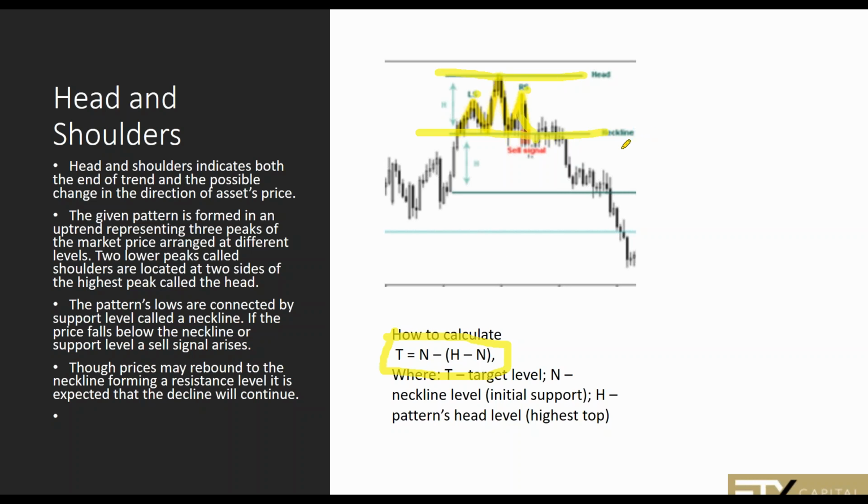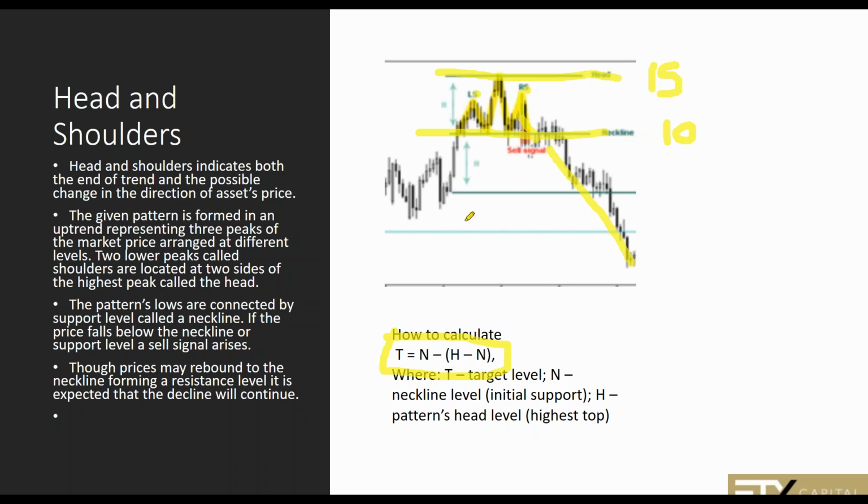So our target price is the price we would expect it to come down to based on the momentum. So what we do is, and I'm just going to make up some numbers for this. Let's say the neckline is at 10. The head is at 15. And that's where it actually is. It's just a number on the chart.